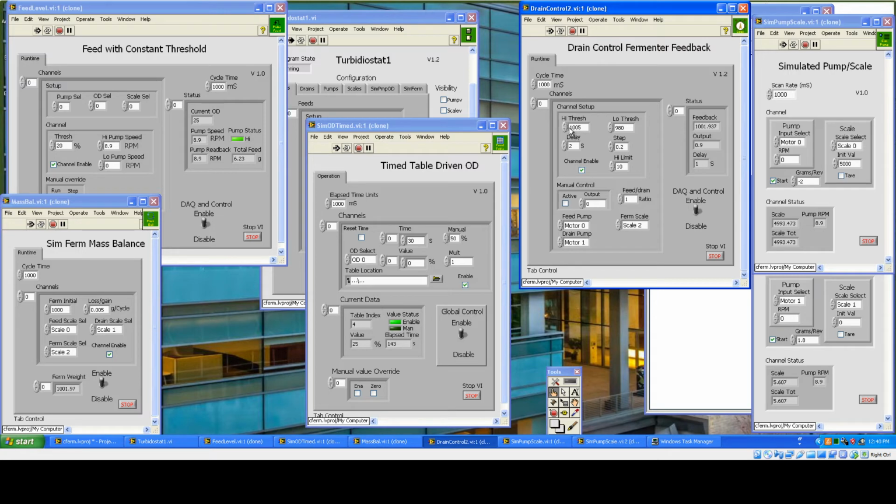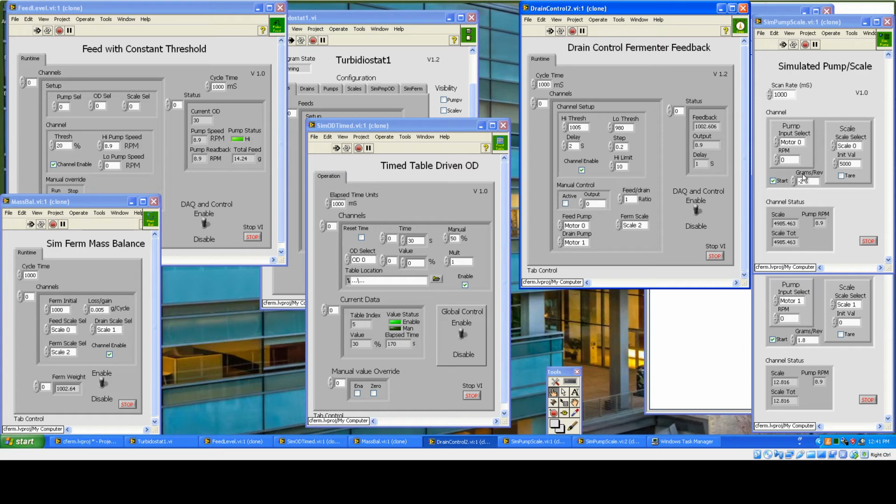And if we go outside the thresholds that we've set for the fermenter weight, then this VI will actively try to adjust the drain speed to bring things back in line. We can see here that we're moving. This scale is incrementing slowly. This scale is decrementing slowly because, of course, we're pumping out of the feed vessel.